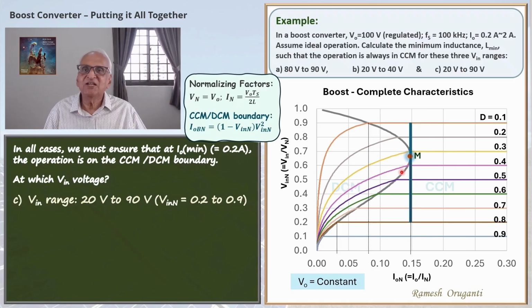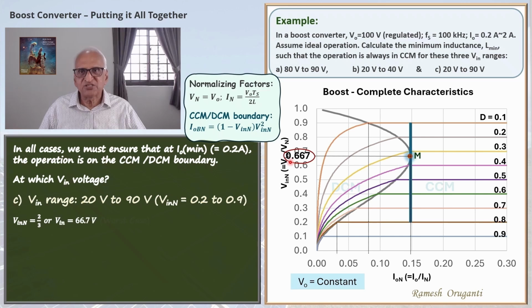Corresponding to that, the Vin/N value is 2/3. We have seen that before. The actual input voltage corresponding to this point is 66.7 volts. If we choose that worst case operating point to be at Vin equal to 66.7 volts, if the voltage goes higher towards 90 volts, we are only moving into CCM, which is okay.